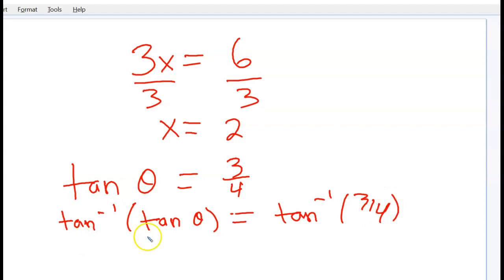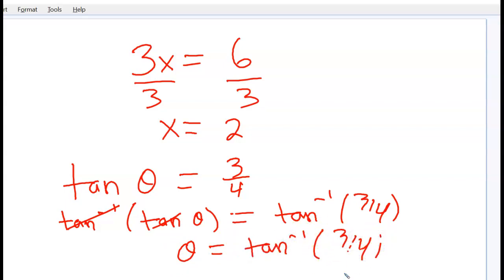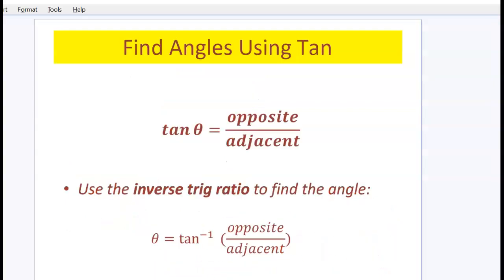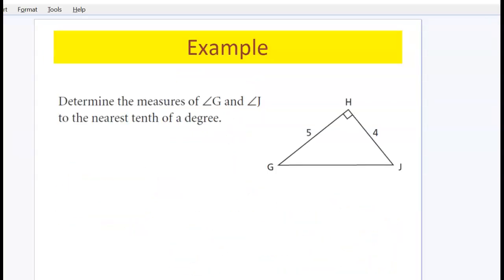When I take the tan inverse of tan theta, these cancel out, and I'm left with the angle theta equals tan inverse of 3 divided by 4. And you would punch this into your calculator to come up with that answer. So that's the process we're going to use when we look at these next few examples.